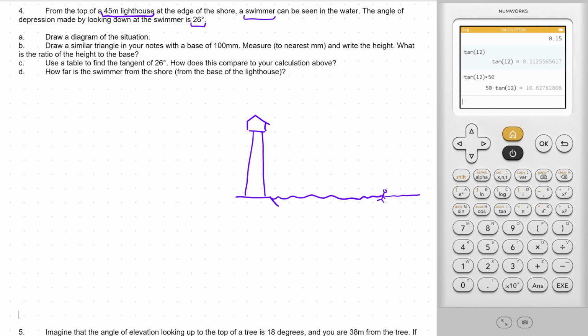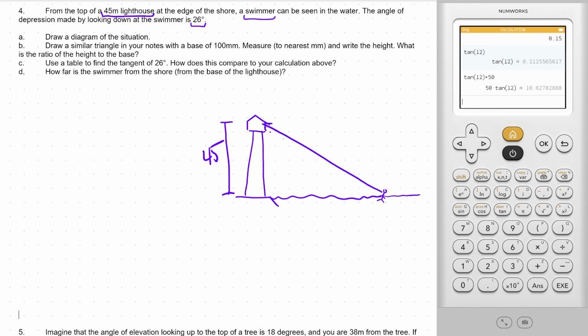And so what we're saying is that the height of the lighthouse, as specified, is 45 meters. And then let's draw it in as a straight line here.